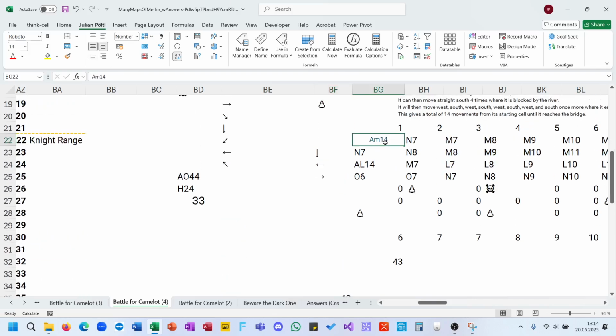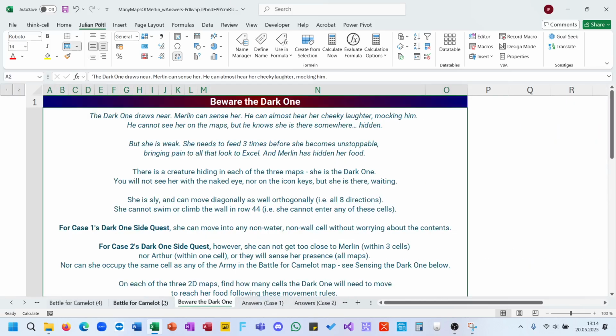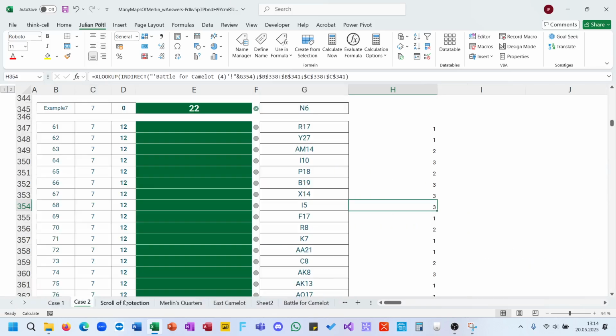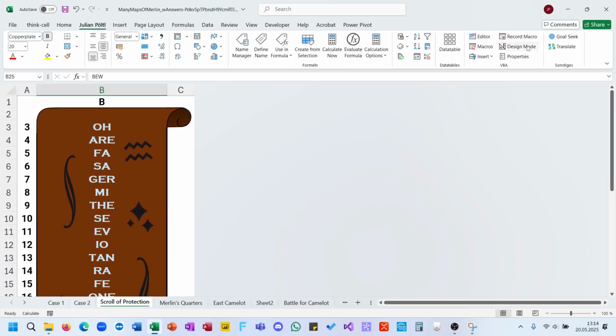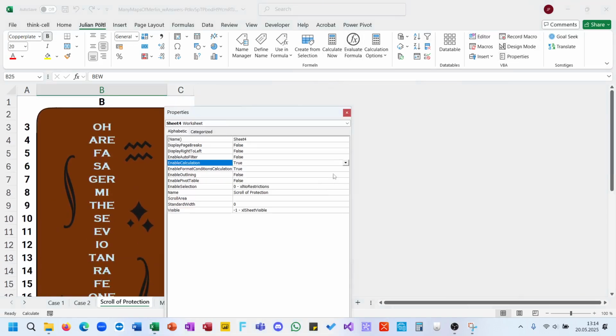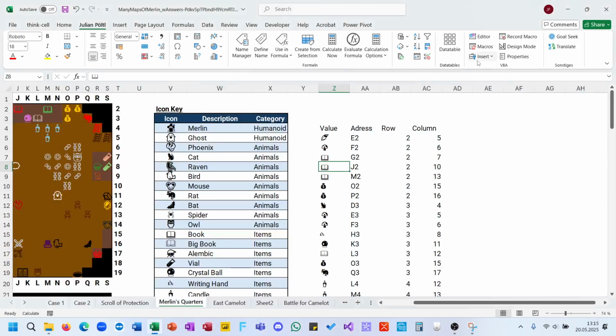AM I10. This is okay. I turn off the calculation properties for all sheets that I don't need anymore.